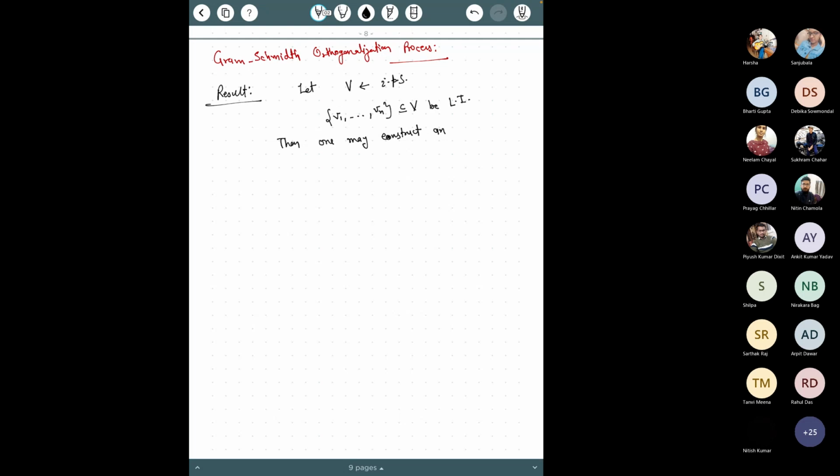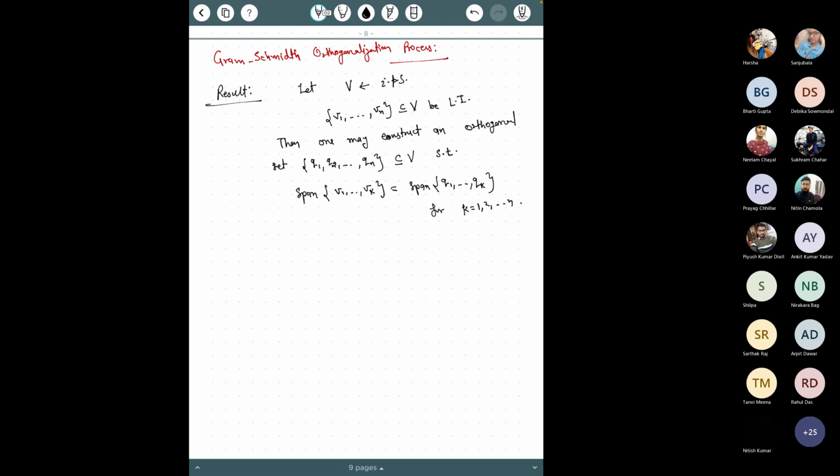I'll do it for orthogonal, but you can always generate an orthonormal set also. So let us do it for orthogonal. Using these vectors v1 to vn, one may construct an orthogonal set q1 to qn in V such that the span of v1 to vk is equal to the span of q1 to qk for each k equal to 1 to n.